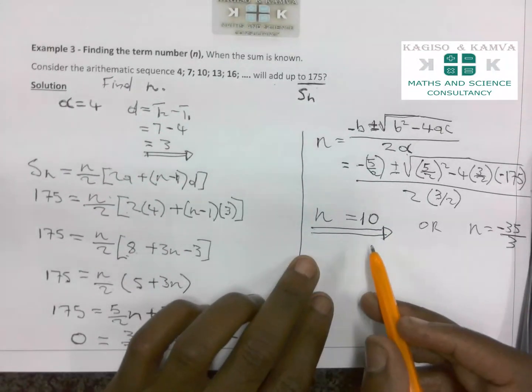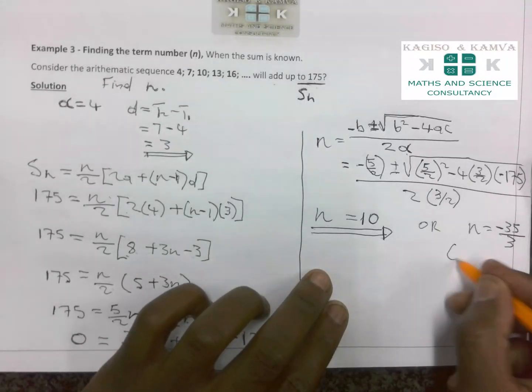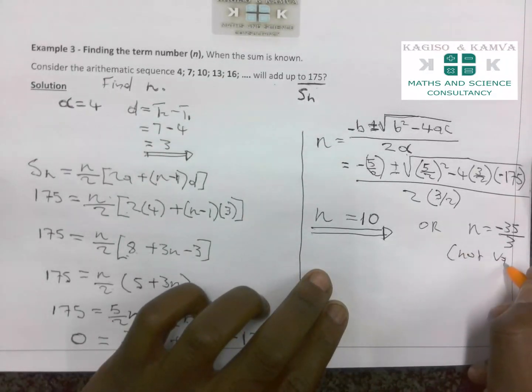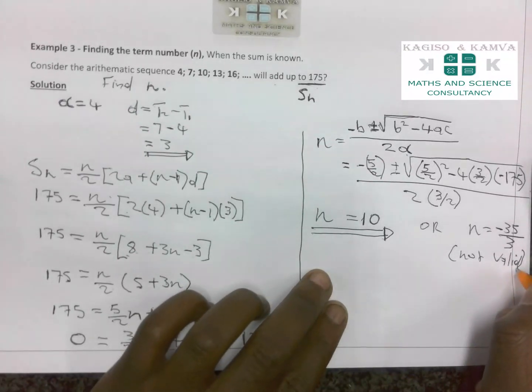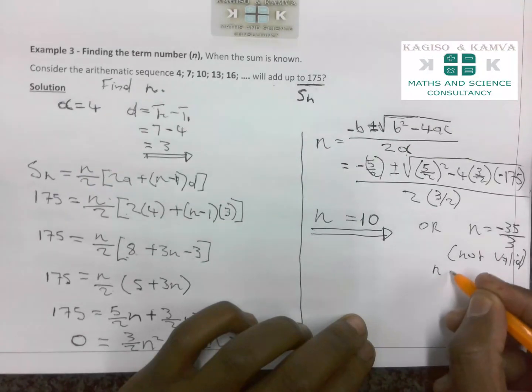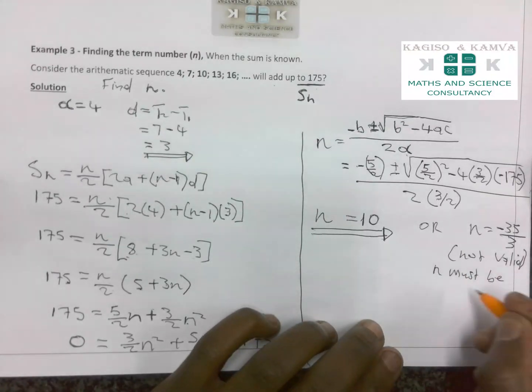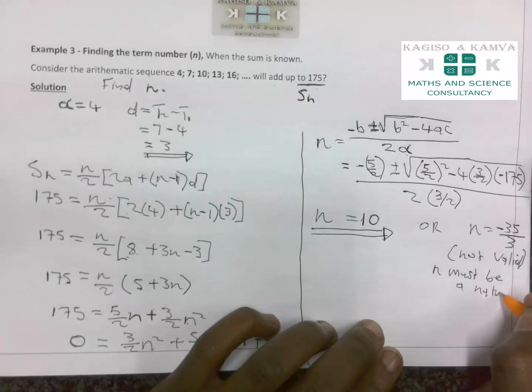This one is not valid, simply because n must be a natural number.